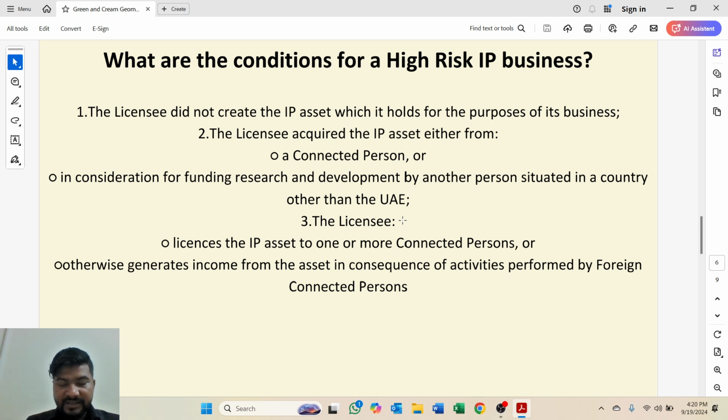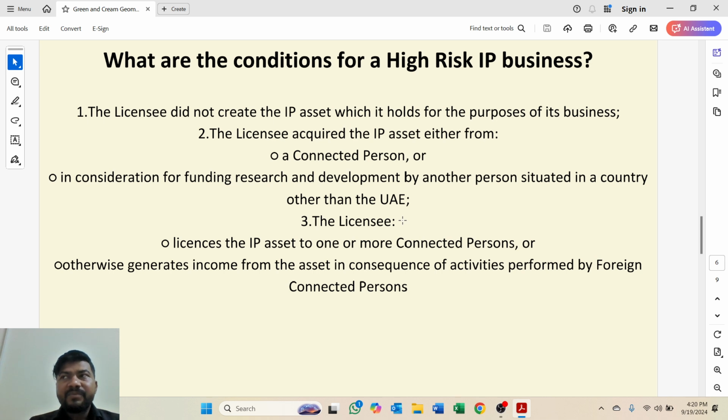Suppose I establish an intellectual property business in the name of ABC Limited. In that case, ABC Limited has not created any intellectual assets by themselves. They have acquired those assets from me, meaning the owner or director or team manager, who are connected persons.